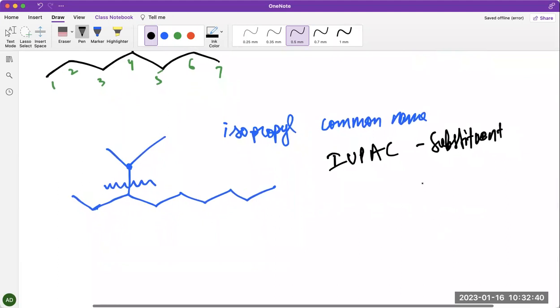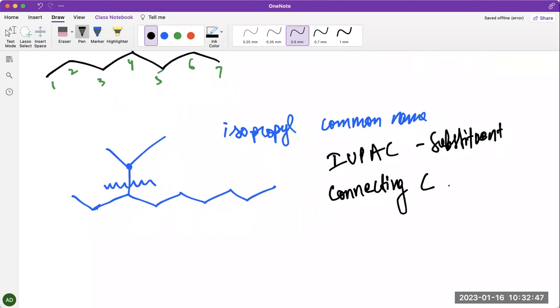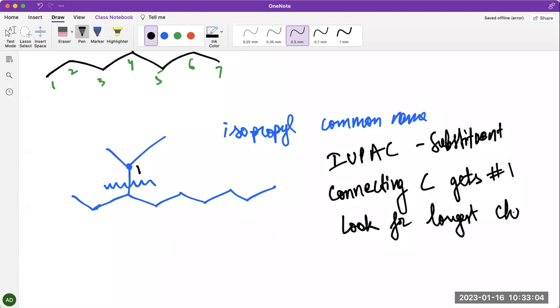The rule is that your connecting carbon gets number 1. So you label your connecting carbon number 1, and then look for the longest chain in the substituent, okay?